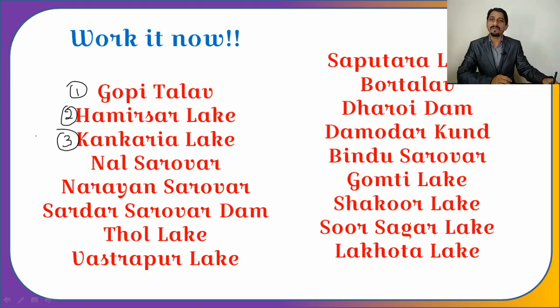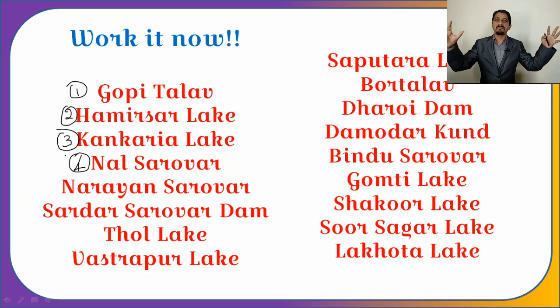And immediately when he gets up, you will see a nal sarovar. Nal sarovar means there is a tap which starts flowing on the head of everybody there. So there is a big nal. The tap starts flowing when he gets up.